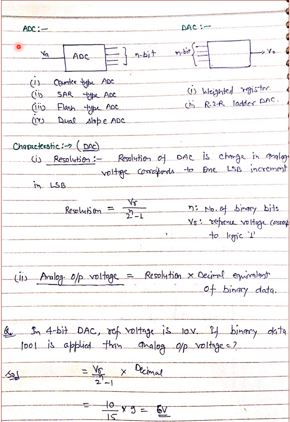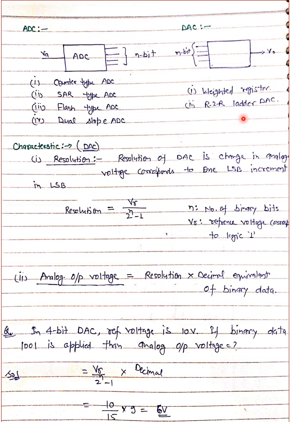So generally we categorize four type of ADC: counter type ADC, successive approximation register type ADC, flash type ADC, and dual slope ADC. And DAC are specified two types: weighted register DAC and R2R ladder DAC.